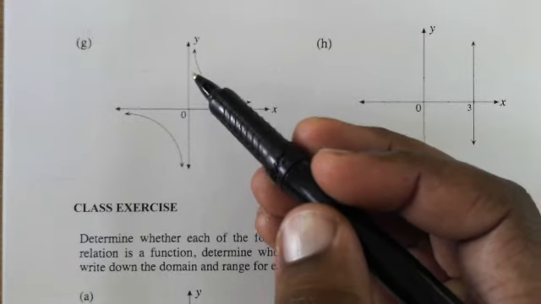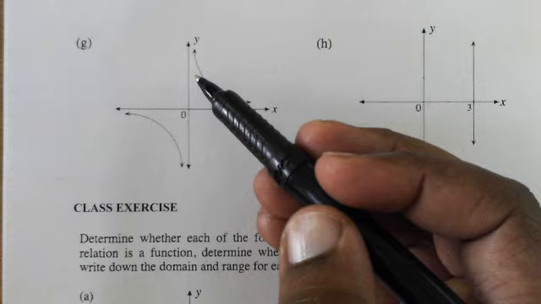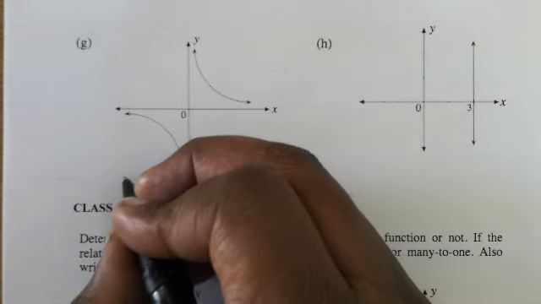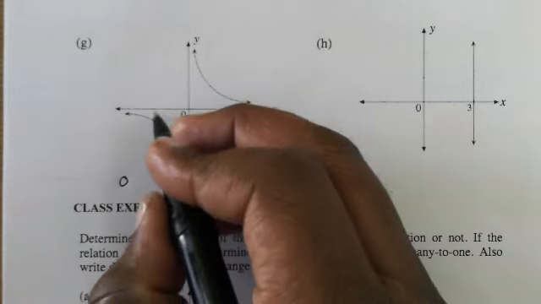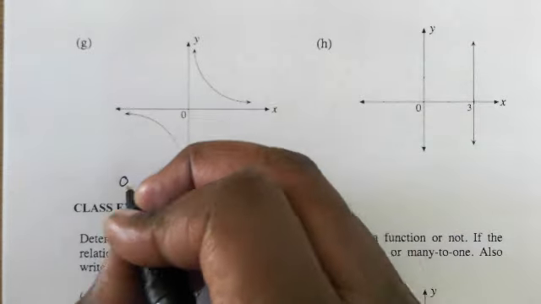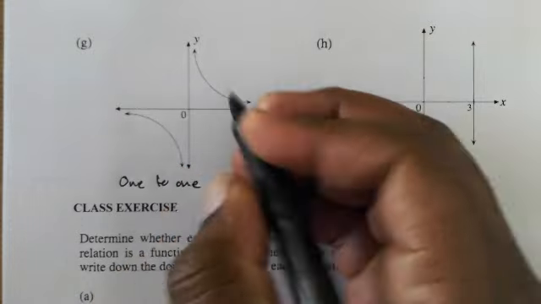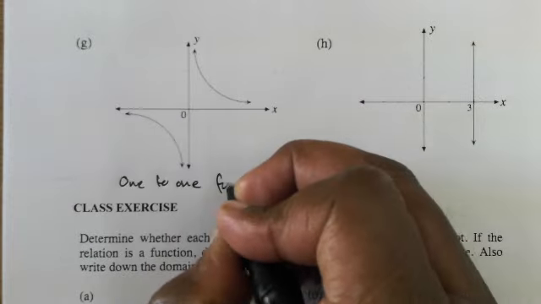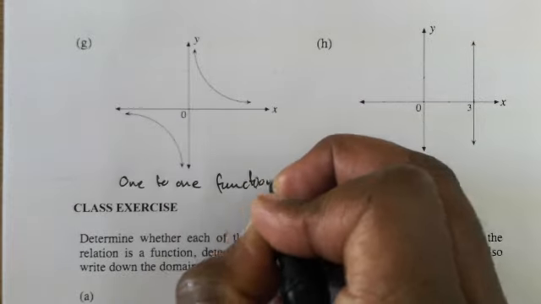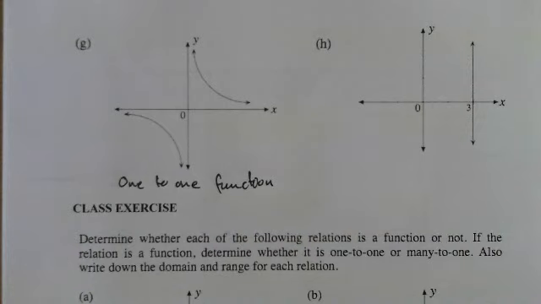Don't worry about the asymptote, because the function is not even there. So it is a 1-to-1 function, because 1 x gives 1 y. By the way, what kind of function is this? It's a hyperbola, right? It's just a 1-to-1 function.